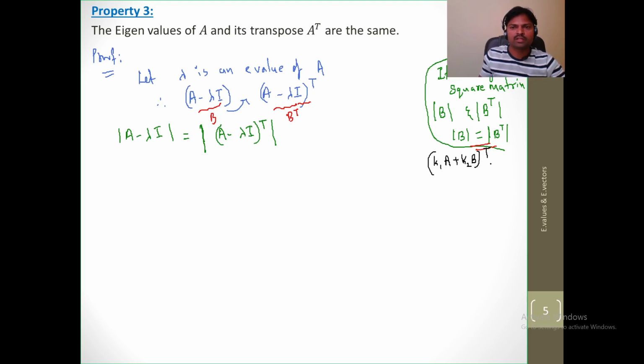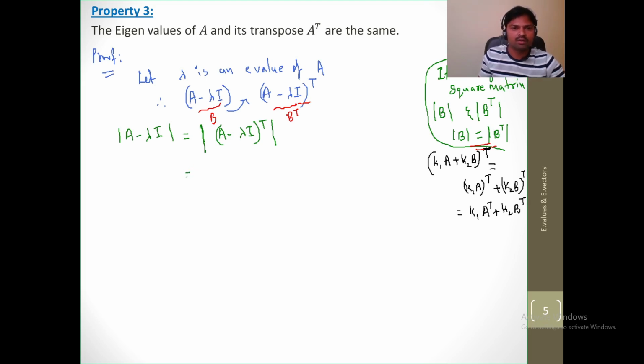By the property of matrices, this is equivalent to k1 into A transpose plus k2 into B transpose. Since k1 is a number, it stays as it is, and k2 as it is; the transpose applies only to the matrices, A transpose and B transpose. Similarly, I want to apply the same here.